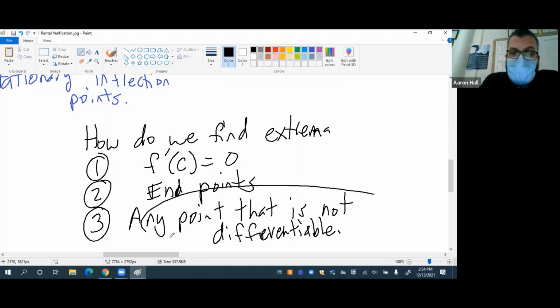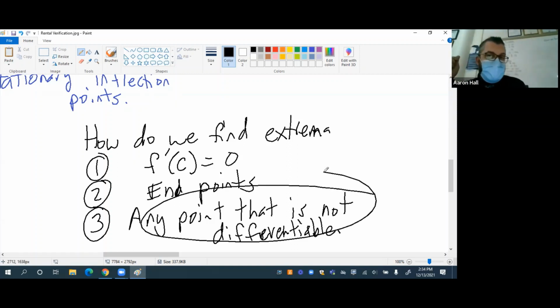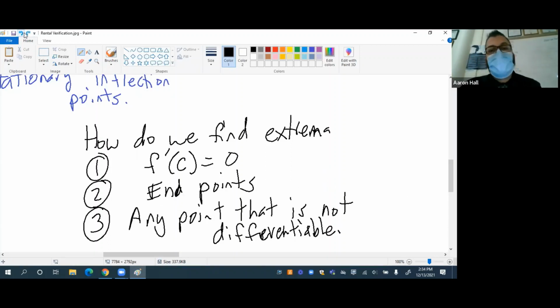Why does that matter? What point could be a maximum point and also not differentiable? Yeah, a cusp, we could have a cusp where we have a maximum point, but it's also not differentiable. So we need to consider those points that are not differentiable.